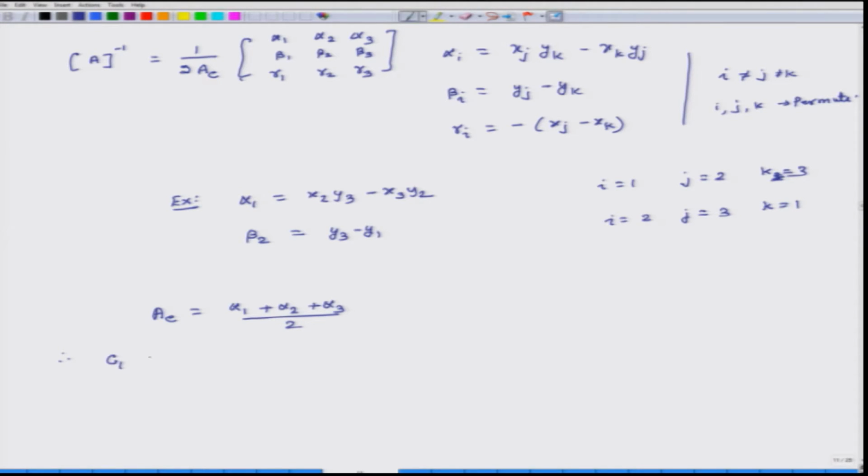Therefore, C1 equals 1 over 2 AE times alpha 1 U1 plus alpha 2 U2 plus alpha 3 U3.